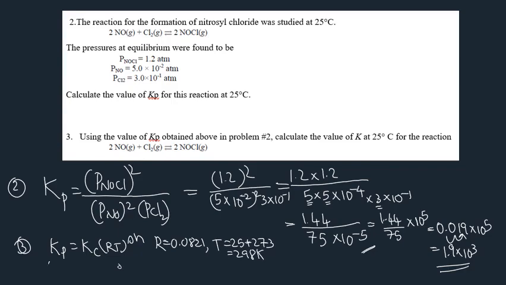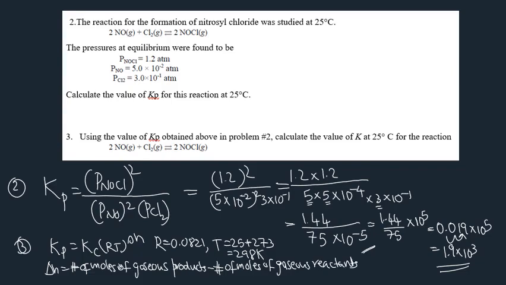And then delta n is again the number of moles of gaseous products minus the number of moles of gaseous reactants.